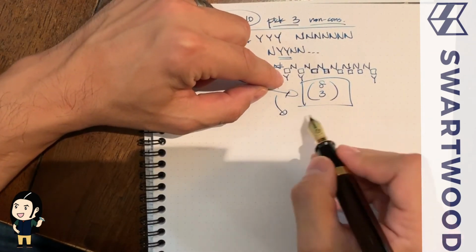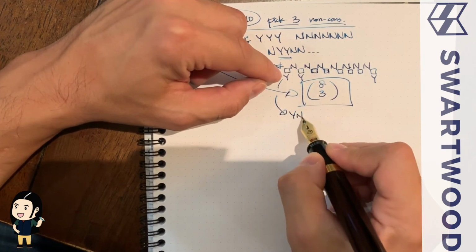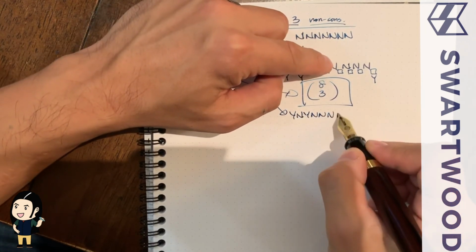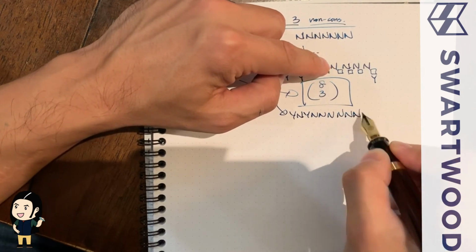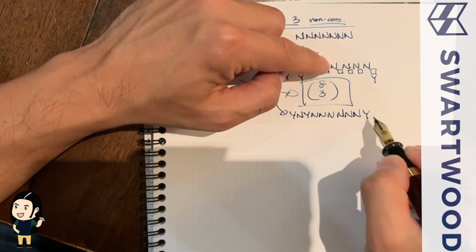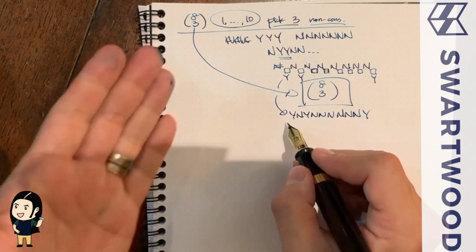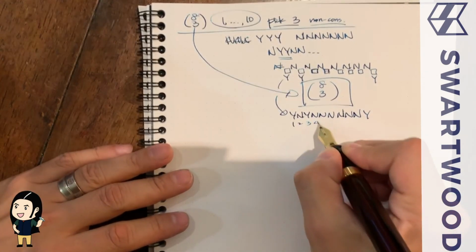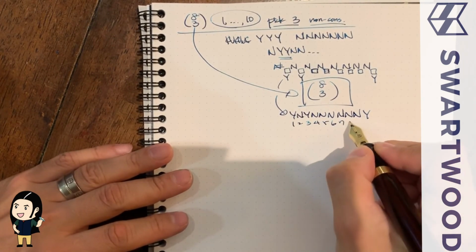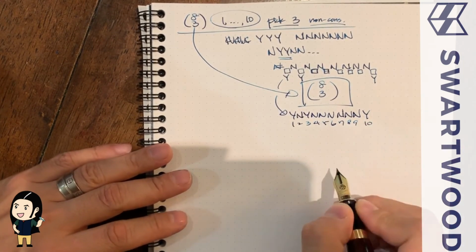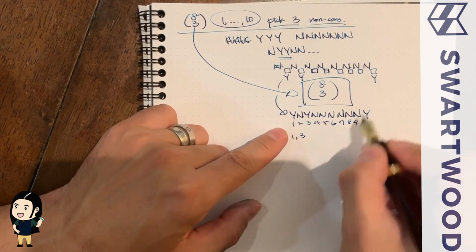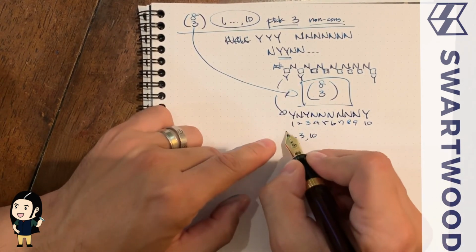So in this particular setup, we had yes, no, yes, no, no, no, no, no, no, yes. Okay, and once we have these guys written down, we'll always follow the order of 1, 2, 3, 4, 5, 6, 7, 8, 9, 10. That tells us the numbers we picked out were 1, 3, and 10. Okay?